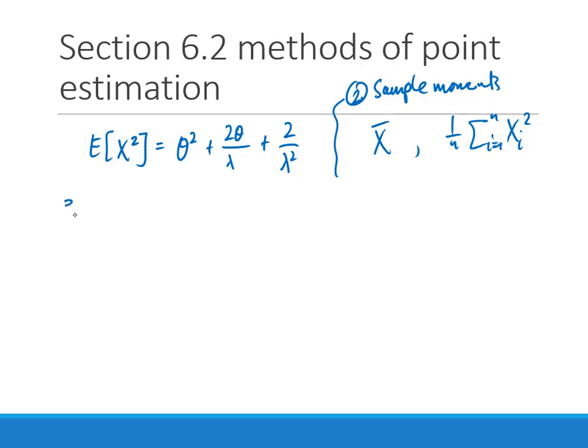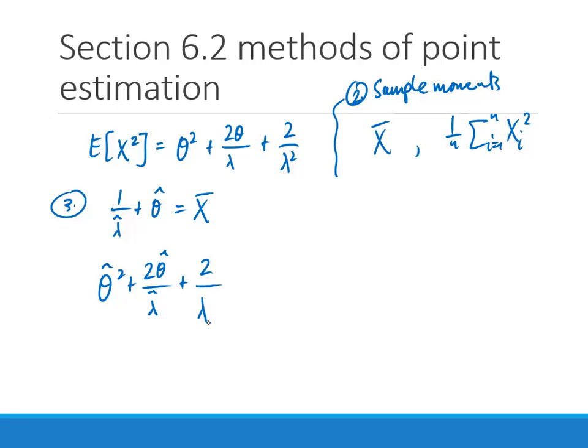My third step here, I have this system of equations. I want to set 1 over lambda hat plus theta hat equal to x bar. And I have this other equation: theta hat squared plus 2 theta hat over lambda hat plus 2 over lambda hat squared, set equal to the second sample moment.